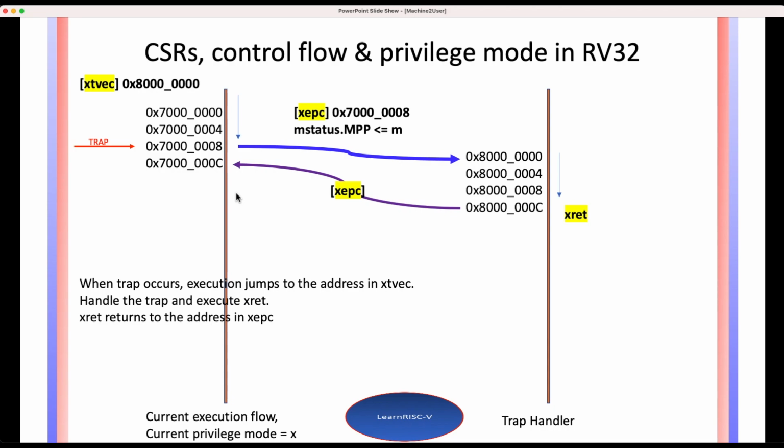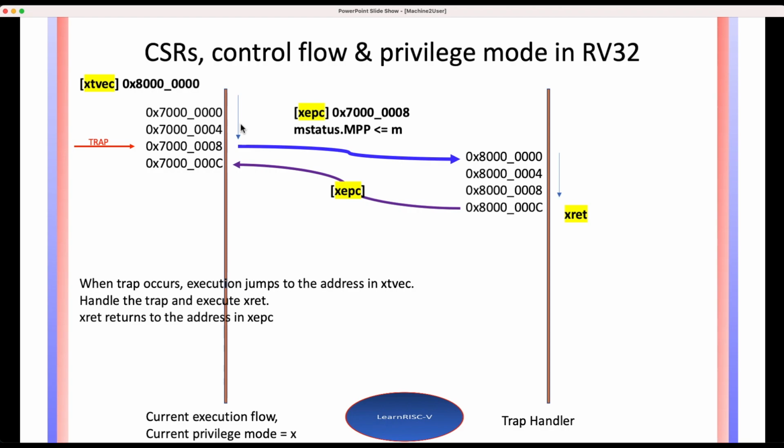Okay, and in the mstatus CSR register there are 2-bit fields which record the previous privilege mode before it gets into the trap handling.